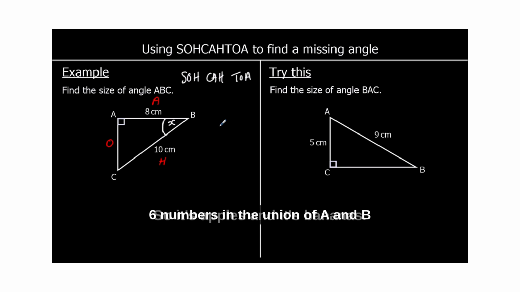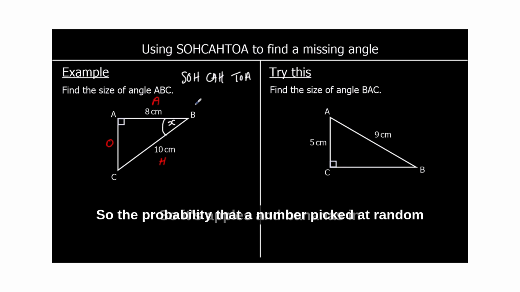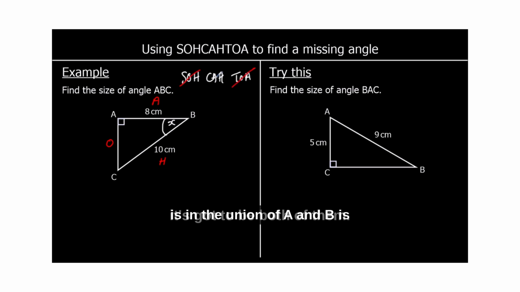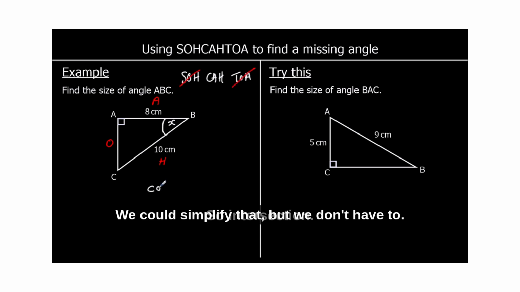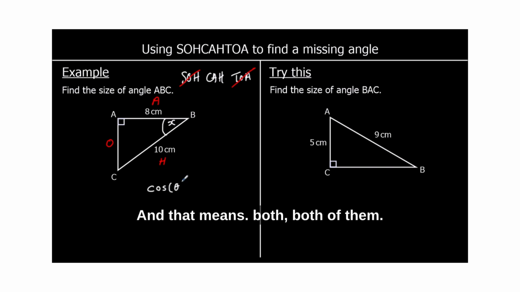Which one are we using? We want the one with A and H in. We know A and H, we don't know what O is, and we're not trying to work it out. So the one with A and H in, or the one without O in, is CAH. And that means that cos of the angle is equal to A over H.